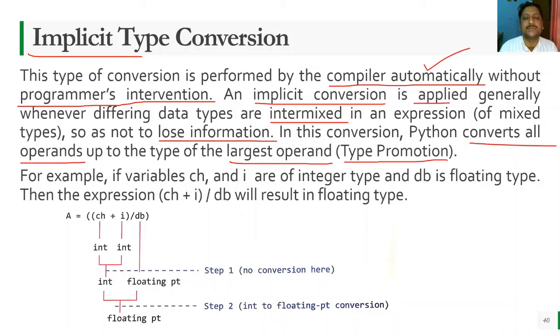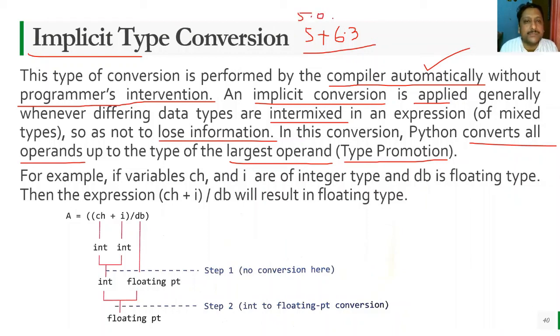Actually, suppose an integer and a float data type are used in an expression. Suppose we have given 5 plus 6.3, like this. So 5 is an integer number and 6.3 is a floating point number. Then what will happen? Both will be changed to floating point numbers. This 5 will be promoted to 5.0.